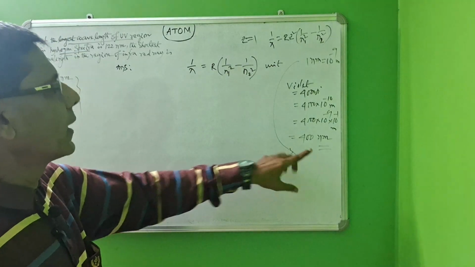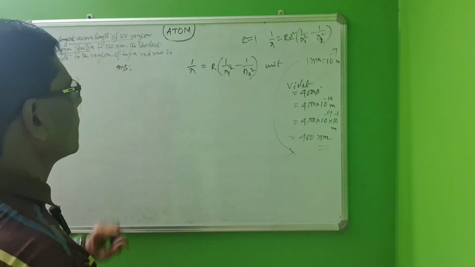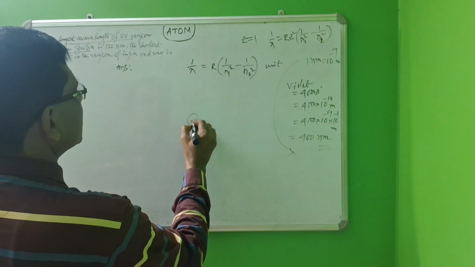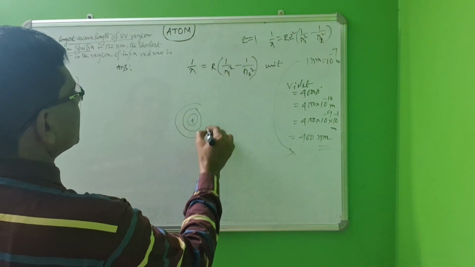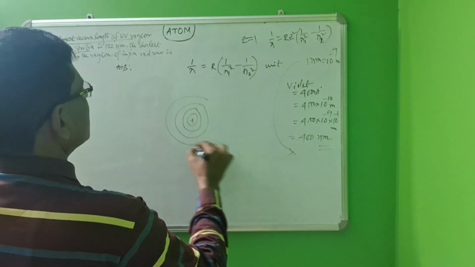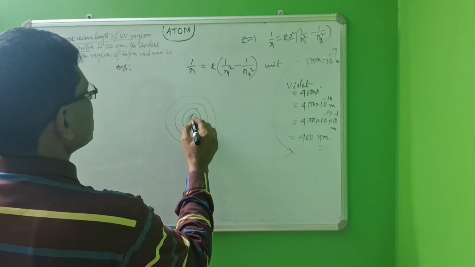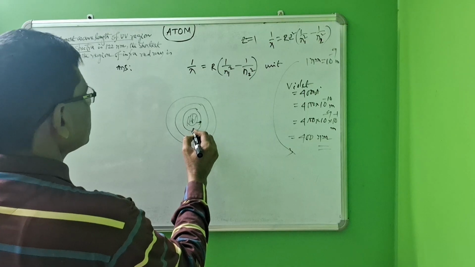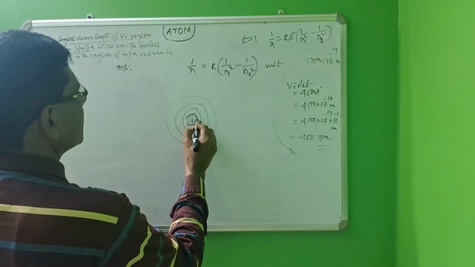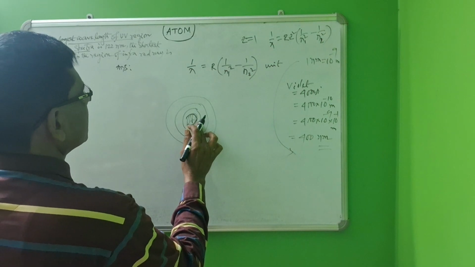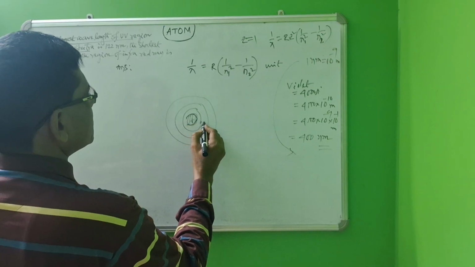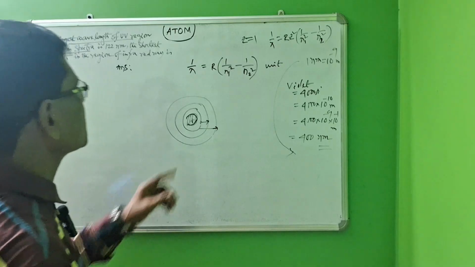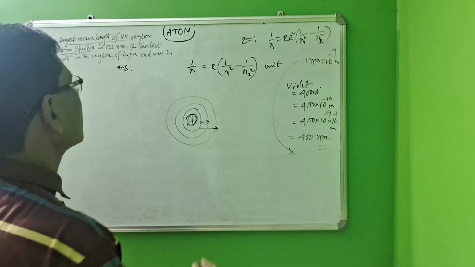and will be longest, for which we have to go from, this is the nucleus, this is the first orbit, this is the second orbit, suppose this is the third orbit, so from the first orbit we have to go in this way, which is known as the Lyman series.